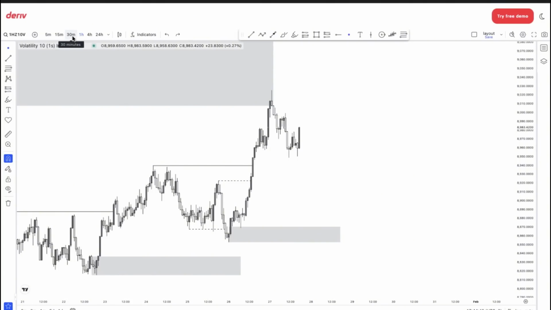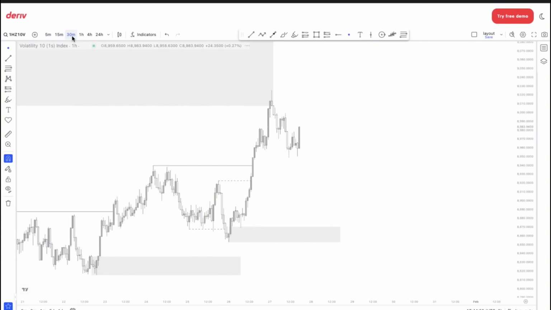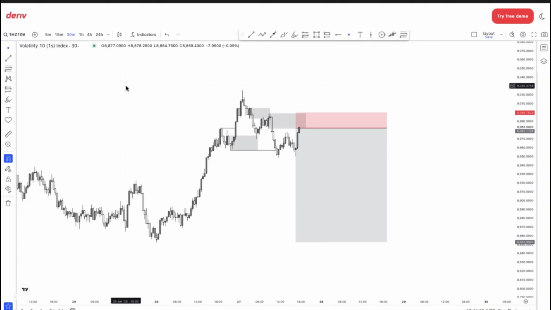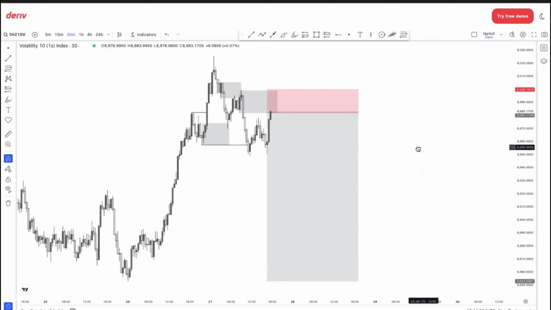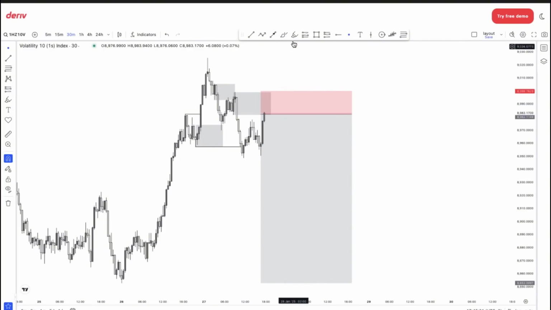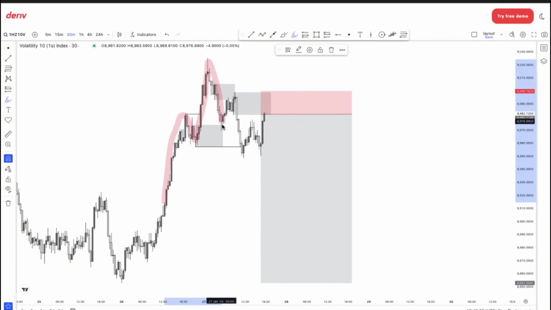So if we can scale down to either the 30-minute time frame or the 15-minute time frame, you will see that upon price mitigating that daily time frame order block, we have somewhat created what we call a trend change. Now this trend change simply tells us that the pullback on the 1 hour time frame is now potentially in play.